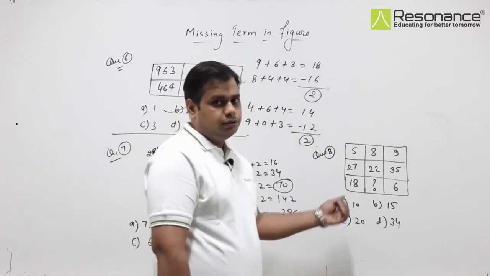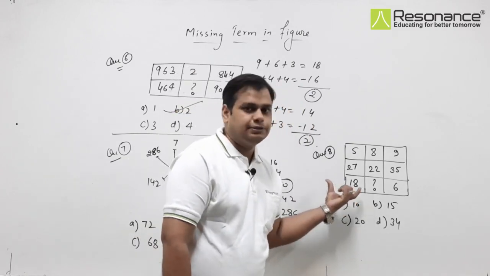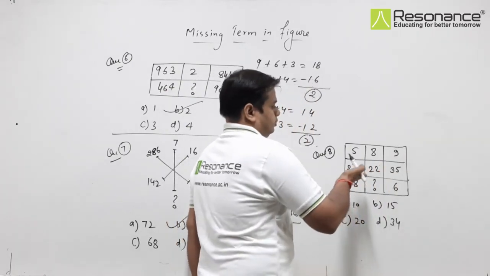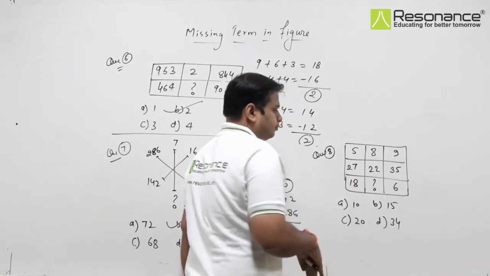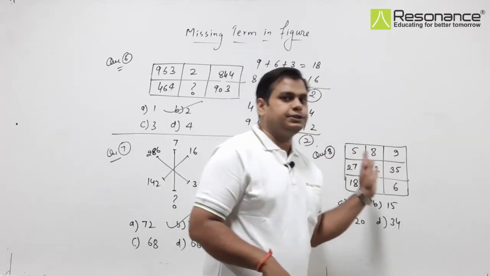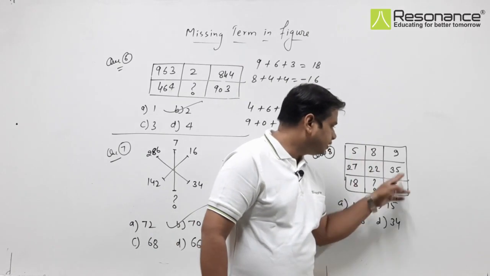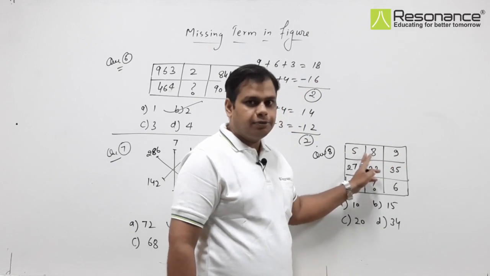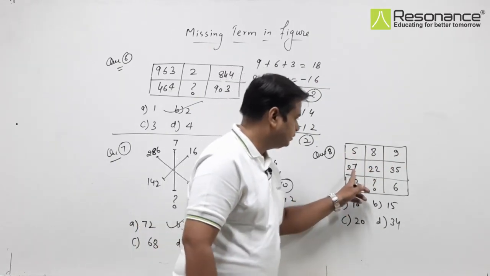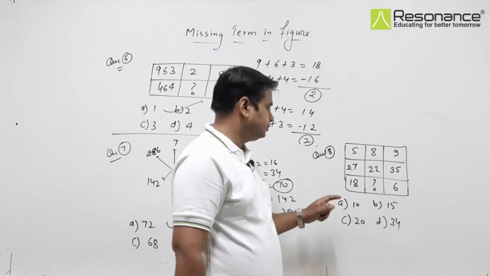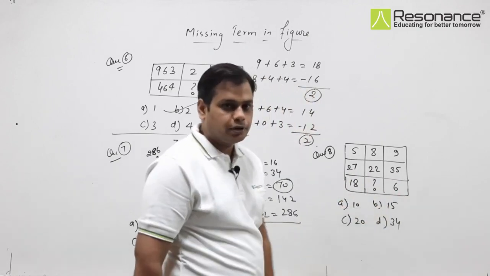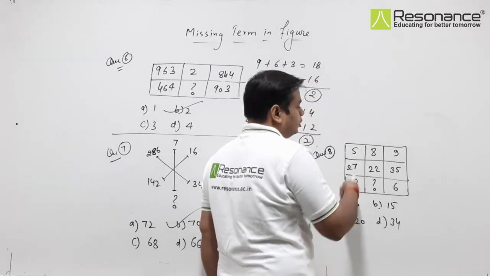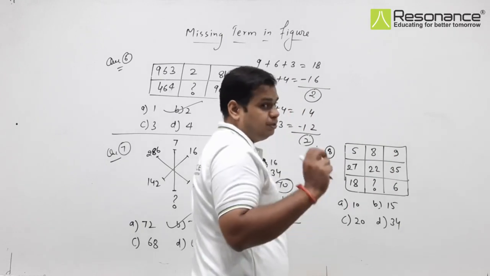Now, this type of logic is also asked mostly. Here, no proper logic is applying, no multiplication, no resultant number we can see, because these are little bit related numbers with a little bit of difference. So in this kind of question, you have to see whether the sum of rows or columns may be equal.